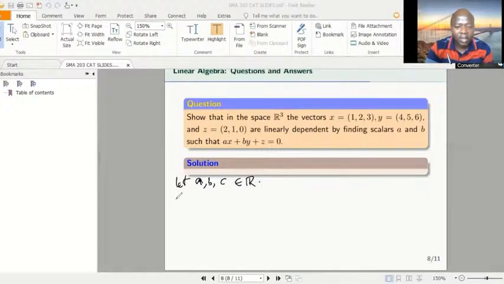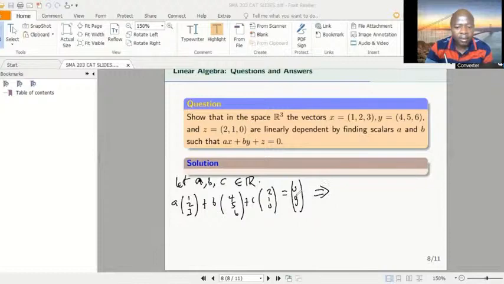Now take a times x plus b times y plus c times z and equate to 0. And when this happens, these are zeros. Let's just open the brackets.